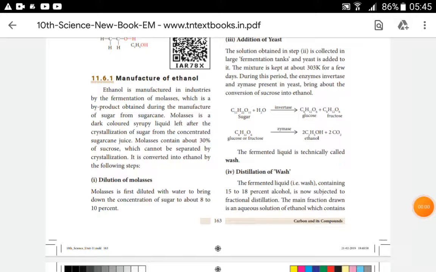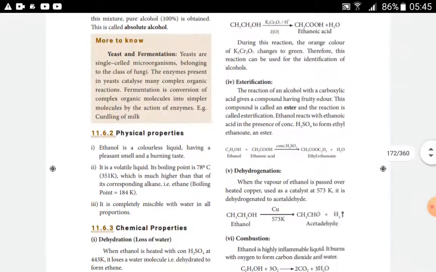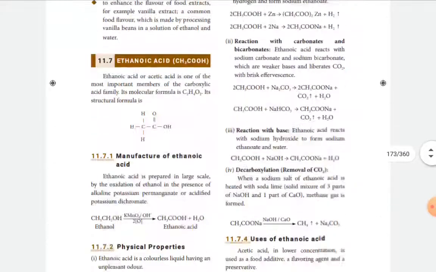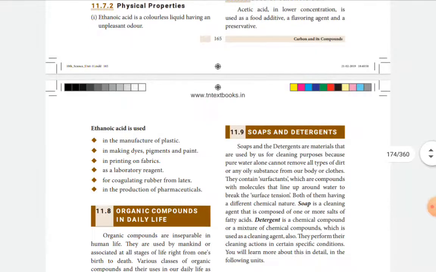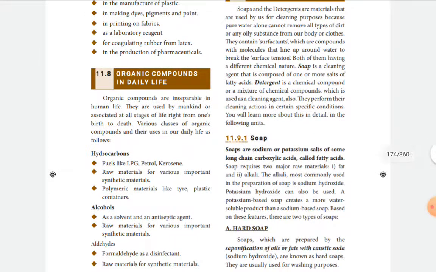My dear students of 10th standard, nowadays we are discussing carbon and its compounds, the last unit of the chemistry portion in your science book. In the last session we discussed the organic compounds in daily life. Before that, we learned about ethanol, the manufacture of ethanol and its uses and chemical properties.